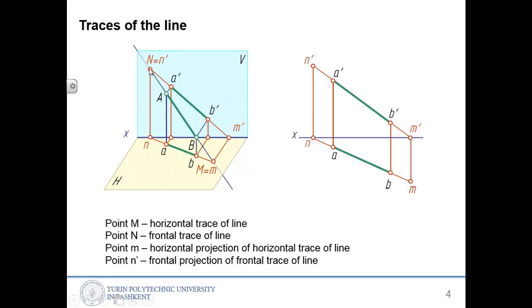The same thing on this side: if you continue the AB dash projection to the OX, you will get M dash, which is in the same position as the 3D point M, the trace.